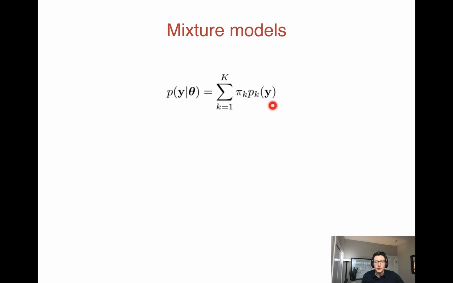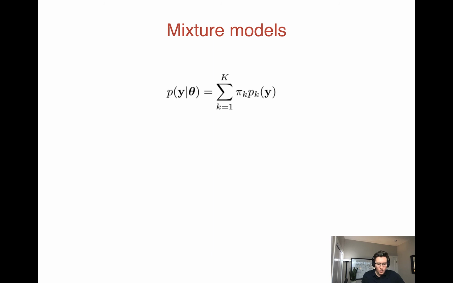Each one could be, perhaps, K different Gaussian distributions, K different categorical distributions, K different Bernoulli distributions, or perhaps multiple types of distributions, maybe a Gaussian and a uniform distribution. We have one weight pi k per distribution. This is just a variable. It doesn't have anything to do with the circle constant. We're just using pi as a variable.